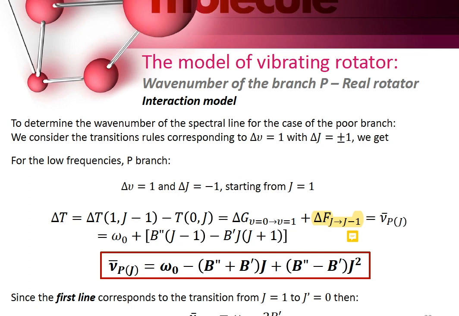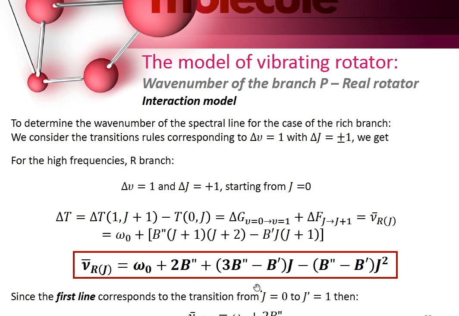Well, this, as we said, corresponds to J equals 1. So if you put J equals 1 here, we get that the first spectral line will show up at a wave number in the pool band equal to omega 0 minus 2B prime. Remember that in the first approximation that was omega 0 minus 2B.